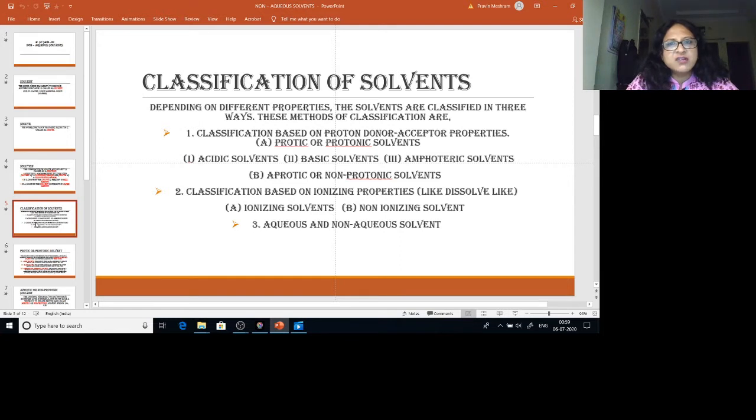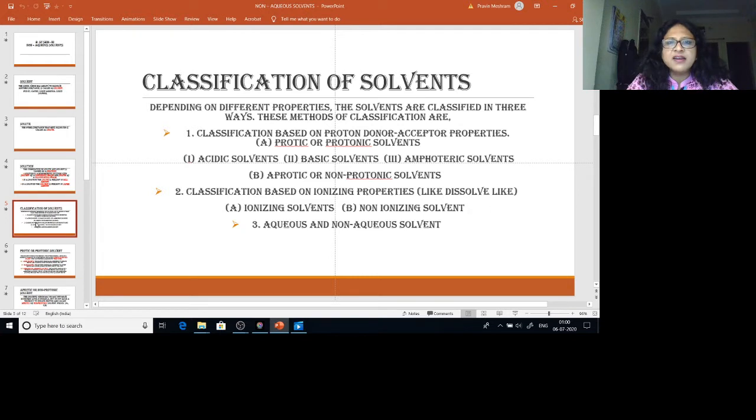Then the classification of the solvents. Depending on different properties, solvents are classified in three different ways. The first classification is based on proton donor acceptor property. The second classification is based on ionizing properties. In the first, solvents are classified as protic or protonic solvents, which are again classified as acidic solvents, basic solvents and amphoteric solvents.